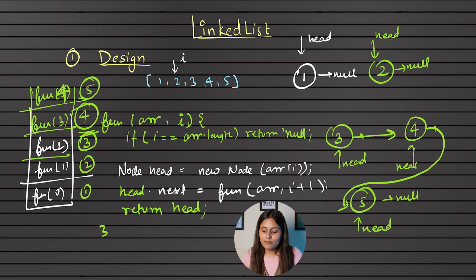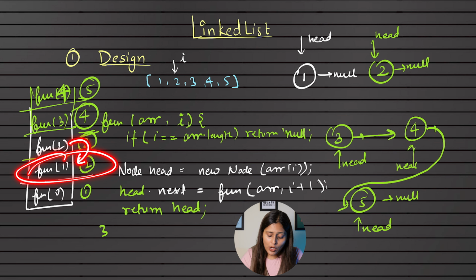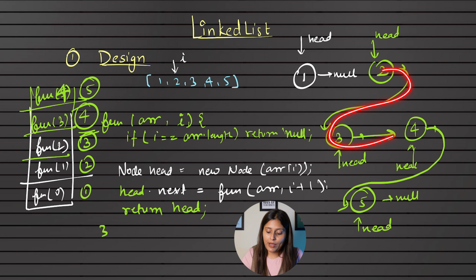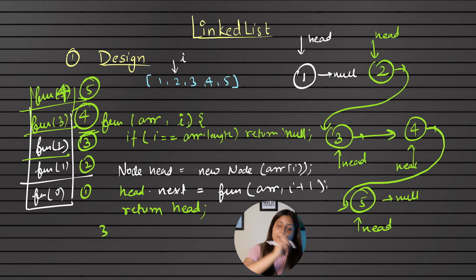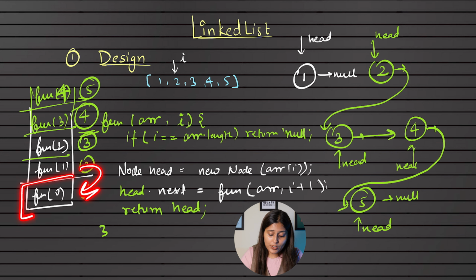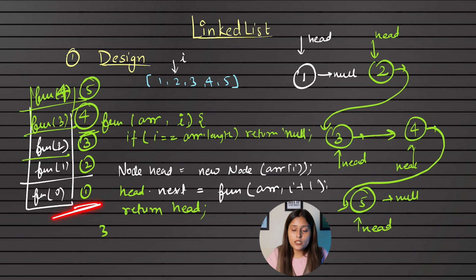Again, what do we want to return? Definitely this 3. We will return 3, but as they are connected, it is 3, 4, 5. Correct? Now we'll come here in the next call, where head is 2. For 2.next, we want to save whatever has been returned, which is 3. Now 2, 3, 4, 5 are connected. Again, we'll return this 2 as head to its previous call. For the very first function, head was 1.